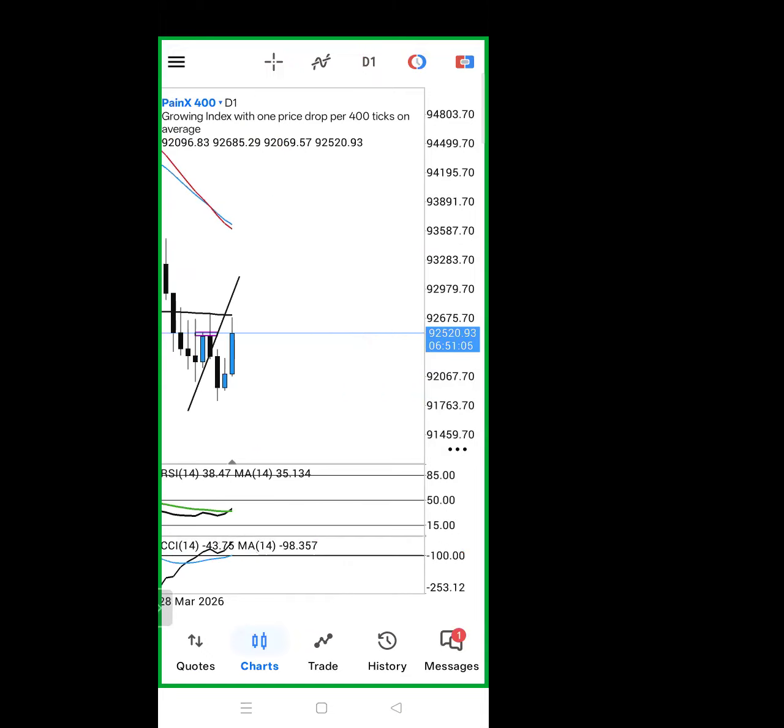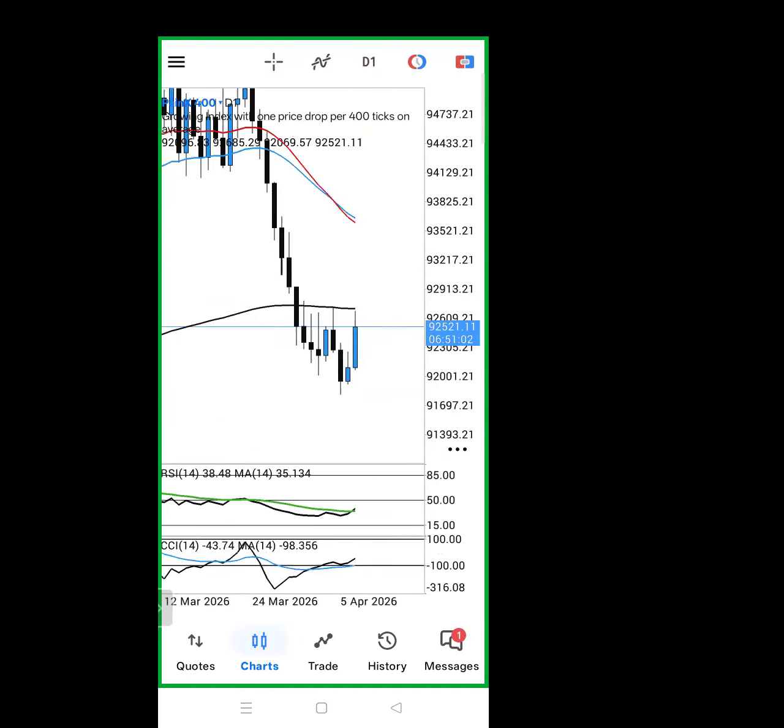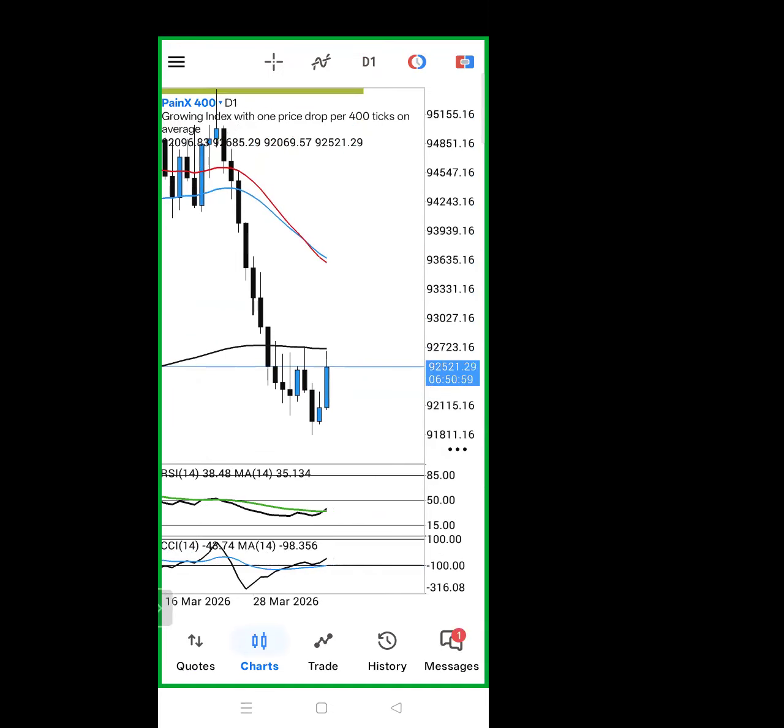Okay, so now if you come to daily, you can see that on daily, the market has been rejecting from the 200 moving average. It has been rejecting the last how many days. But between yesterday and today, the market came back to the daily. You want to make a decision for this guy to begin to go up.